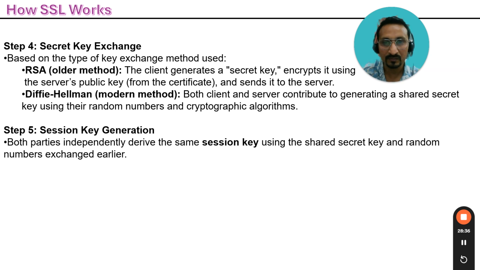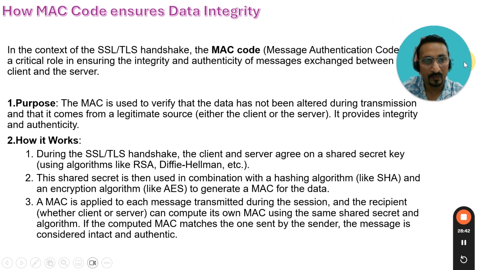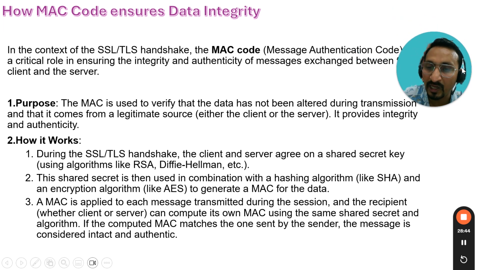Now coming to the data integrity. Basically a MAC code is generated. How is this MAC code generated? During the SSL handshake, the client and server agree on a shared secret key using algorithms like RSA, Diffie-Hellman.